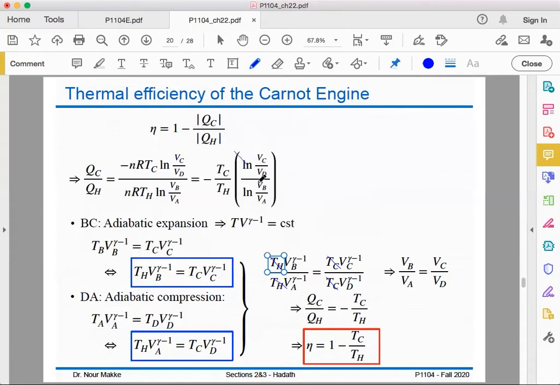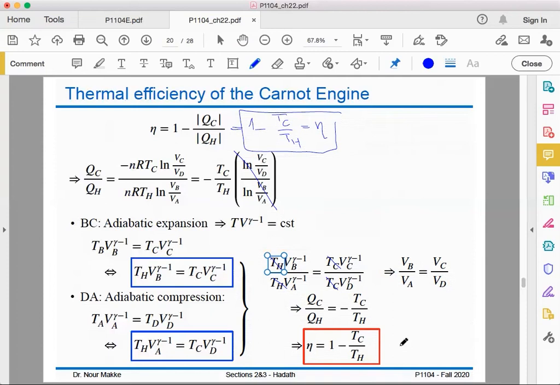So if that goes to 1, then QC over QH is equal to minus TC over TH. Since in the thermal efficiency we have 1 minus the absolute value of QC over QH, we end up with 1 minus TC over TH. And so the efficiency of the Carnot cycle is only given by 1 minus TC over TH.